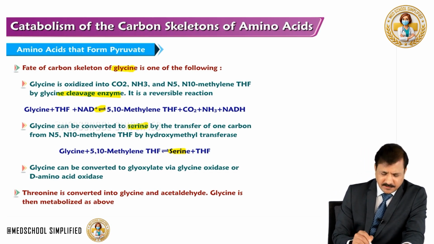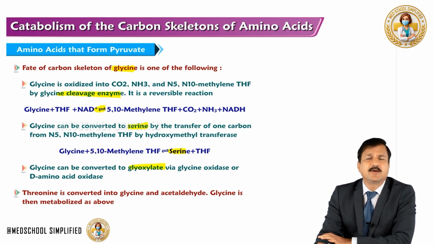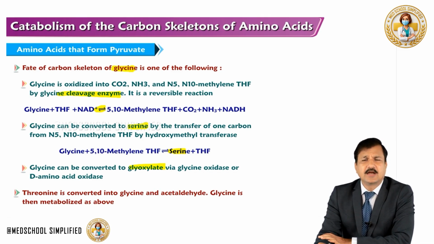And the third fate of glycine is that glycine can be converted to glyoxylate by glycine oxidase or D-amino acid oxidase, and this happens in the peroxisome.